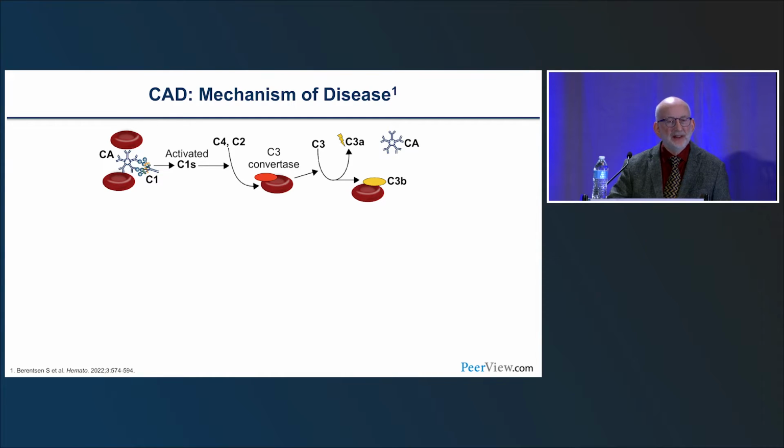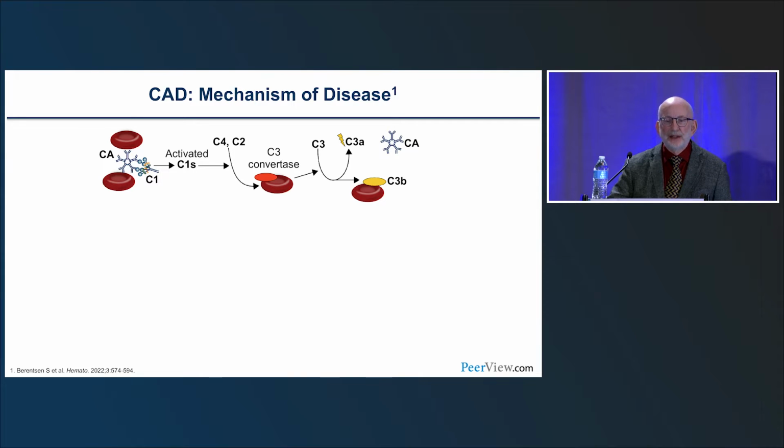The antigen-antibody reaction activates a complement protein complex C1, or C1qrs, and the next step is that you get activated C1s, which is a serine protease.